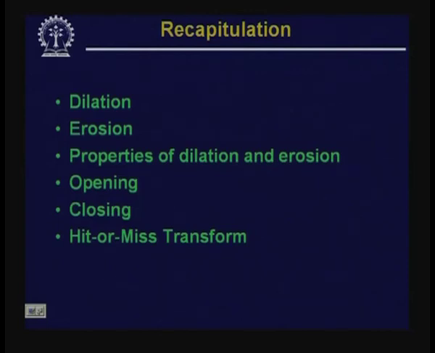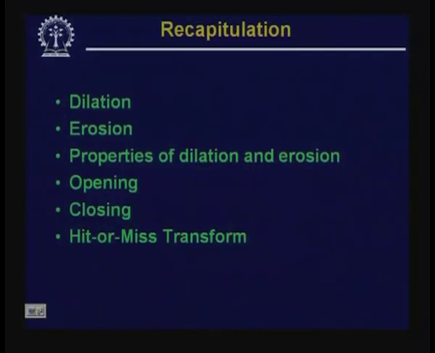Then we have seen the combination of erosion and dilation operations, which are termed opening and closing operations. In the case of opening, given a binary image, and we have said that for all the morphological operations our basic assumption is that an image should be represented by a point set, the opening operation first performs an erosion operation, which is followed by a dilation operation.